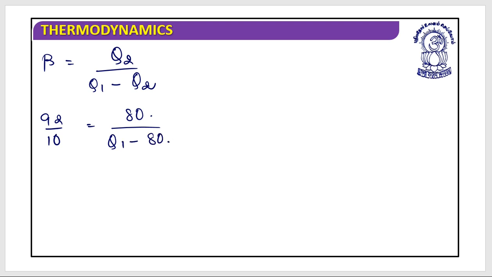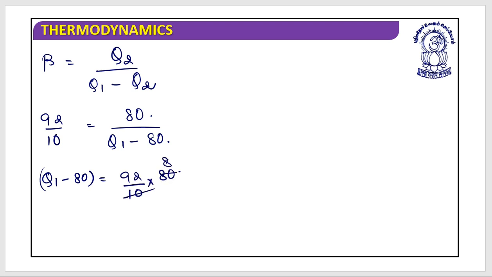So how will I do this? Q1 minus 80 is equal to 92 by 10 multiplied by 80.